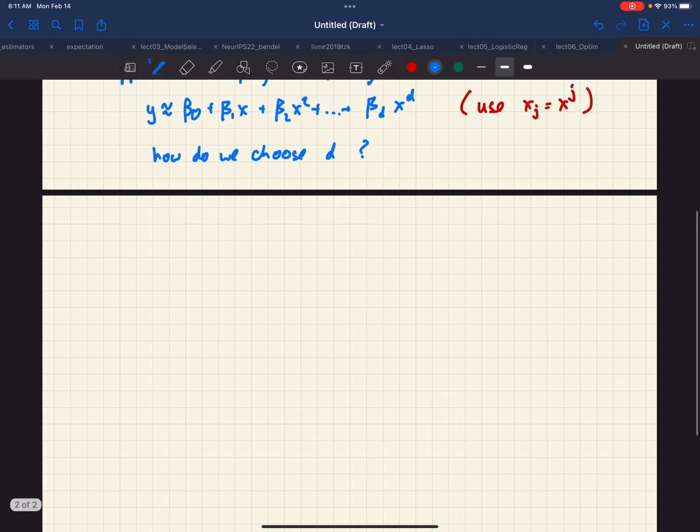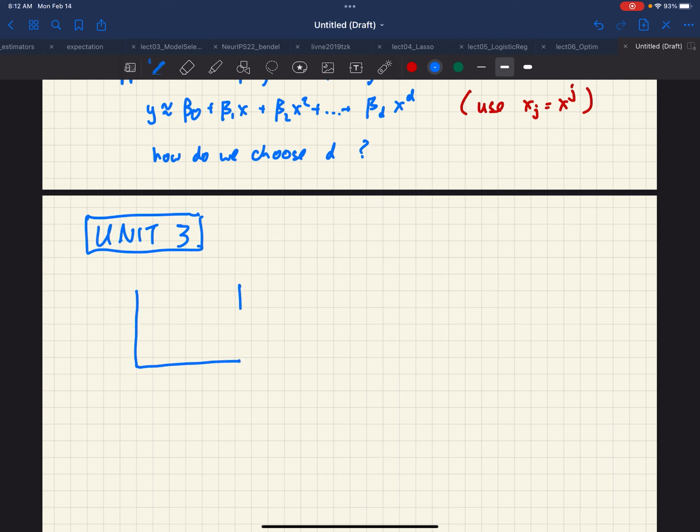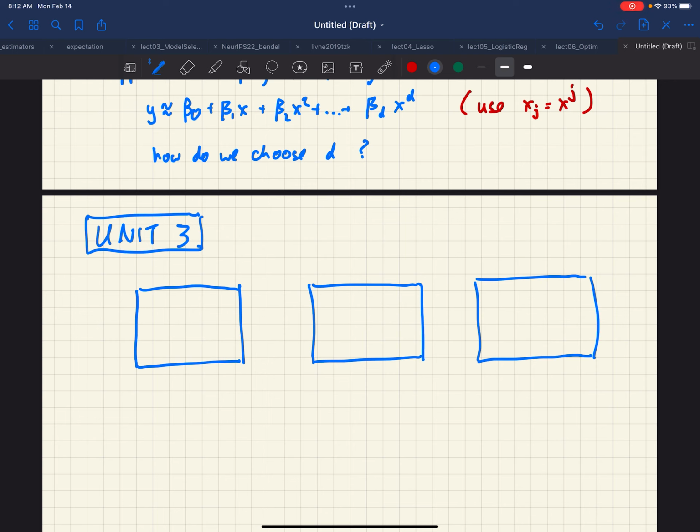All right. So the next unit was Unit 3. And so here we had the concept of underfitting and overfitting. Let's draw some pictures. So on the left, we'll do underfitting.